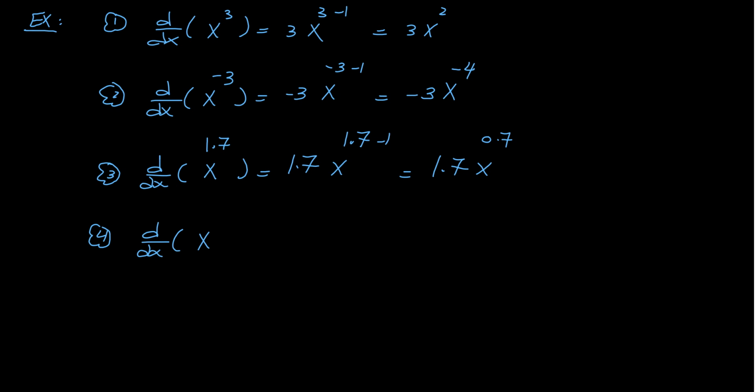The derivative of x to the power pi. Pi is a constant. So again, we bring it down, then we subtract 1. Same thing for x to the power e. E is a constant. We bring it down, then we subtract 1.